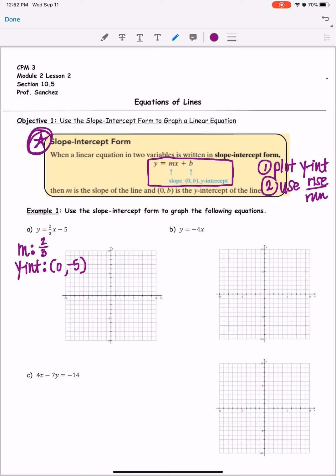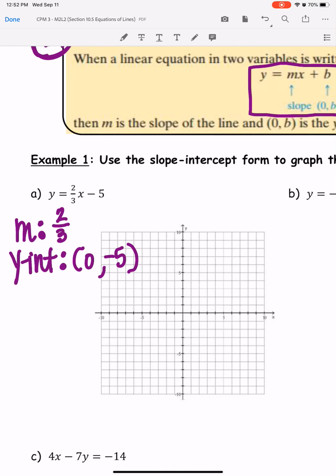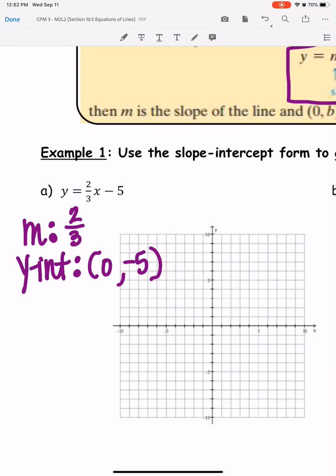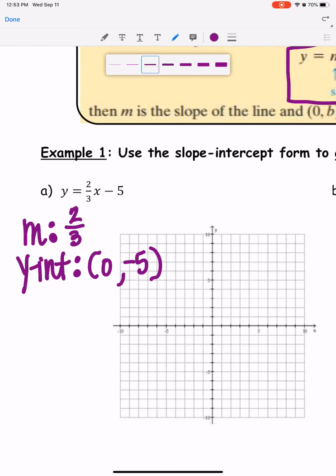So, first thing you need to do is plot your y-intercept, so along your y-axis here, and let me actually zoom in some. Okay, so along your y-axis, plot 0, -5. So 0, -5. That's your first point.